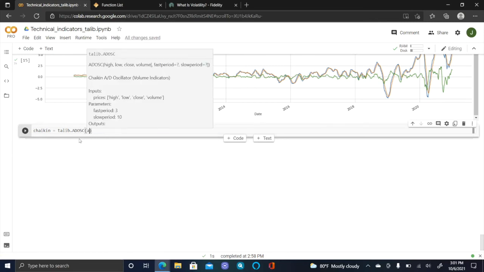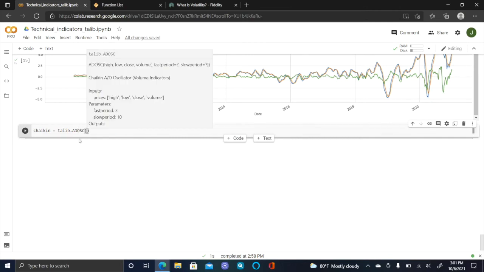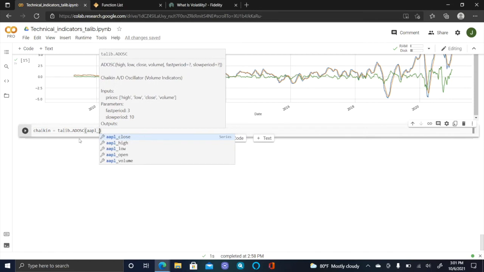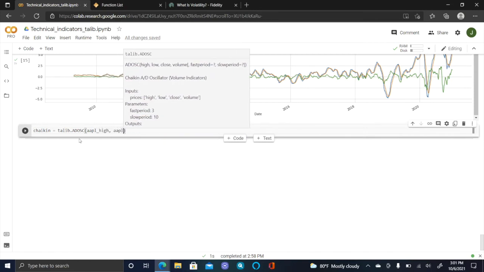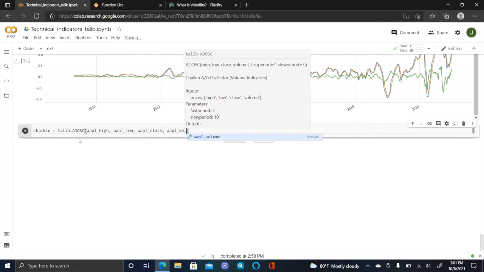We need the high, apple underscore high. What's the rest of it? Okay, we need the high. We need the low. We need the close. And we need the volume.